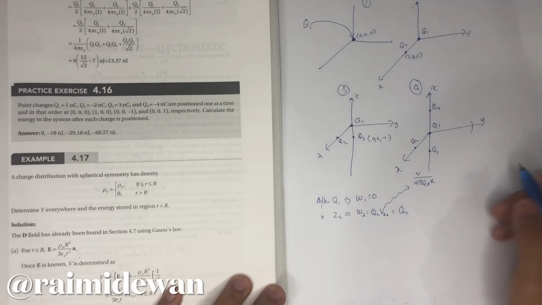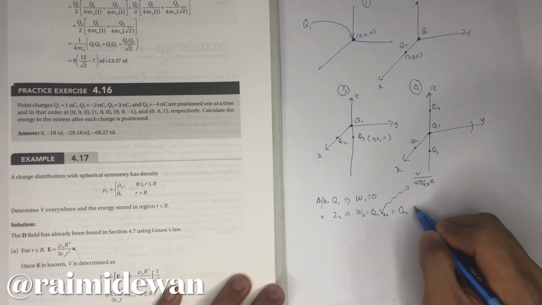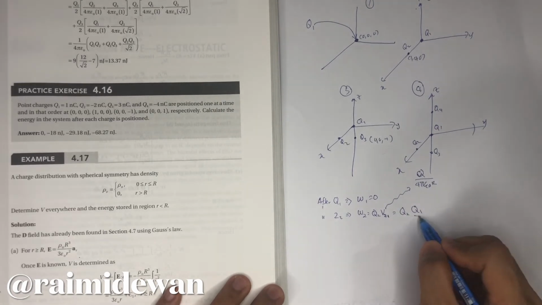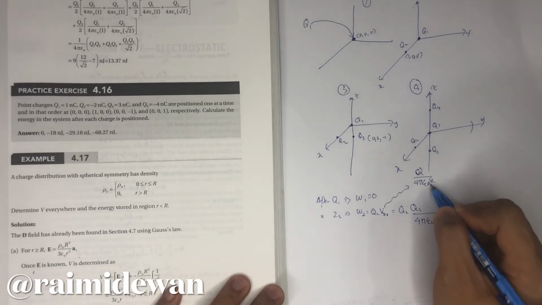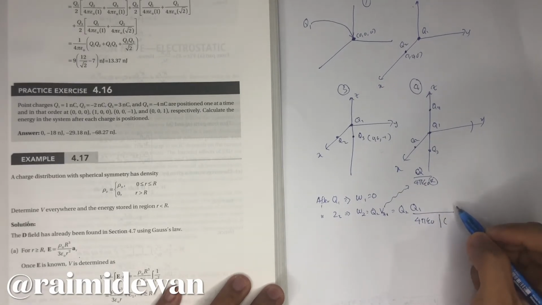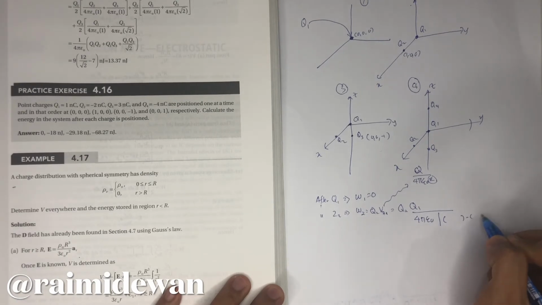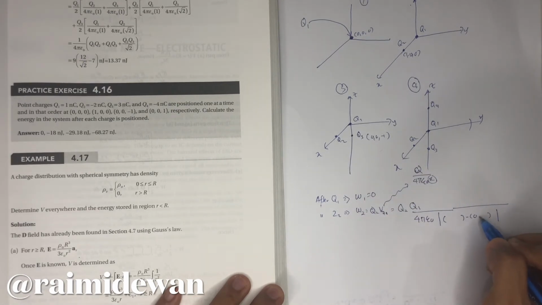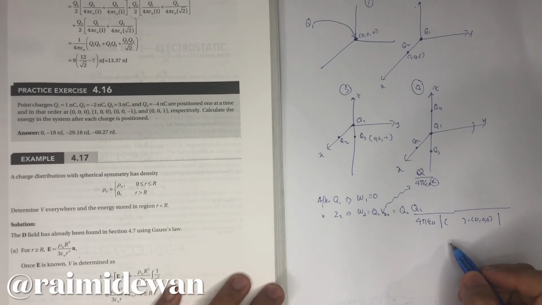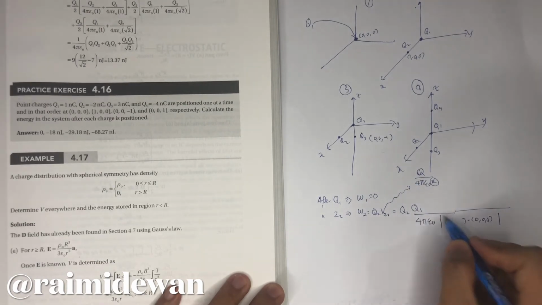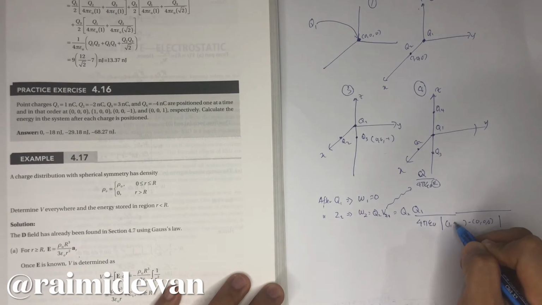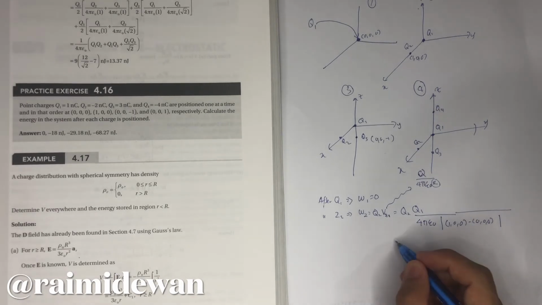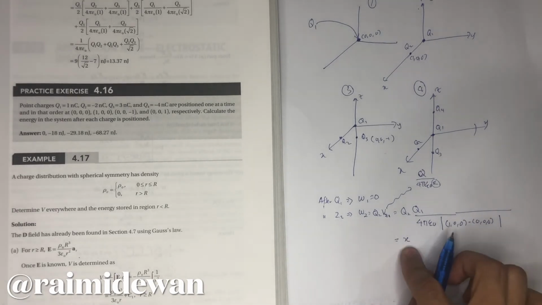So V21 is Q1 over 4 pi epsilon naught R. How do we obtain the R? It's simply the distance. Here the first position is 0, 0, 0, and the second position is 1, 0, 0.